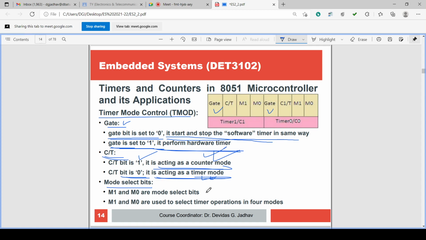After gate bit, there is C/T, simple it is, counter or timer. If it is 1, acting as a counter. If it is 0, acting as a timer. Then mode selection bits are there.